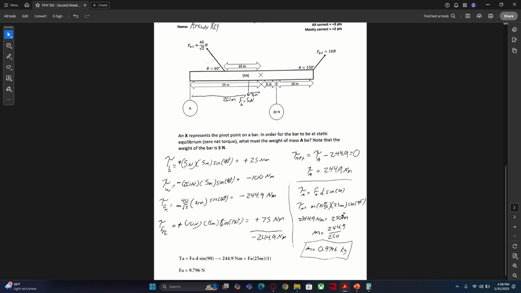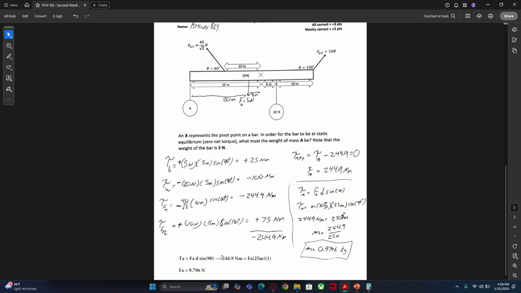However, apologies for the typo. This problem asks what must the weight be? And weight and mass are two different things. So instead of solving for the mass, what you would solve for is the force, Fa. So torque of A equals its force times the distance times sine of 90 degrees.